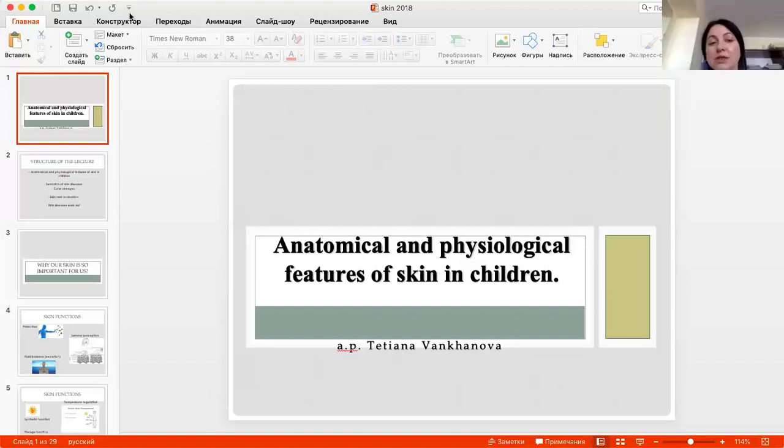It means that we're supposed to tell, so today we are talking how skin is different in children of different age.